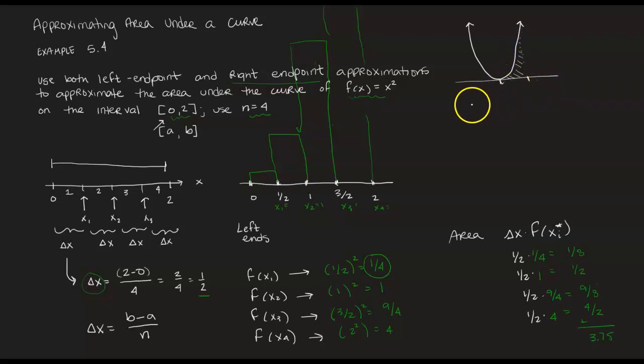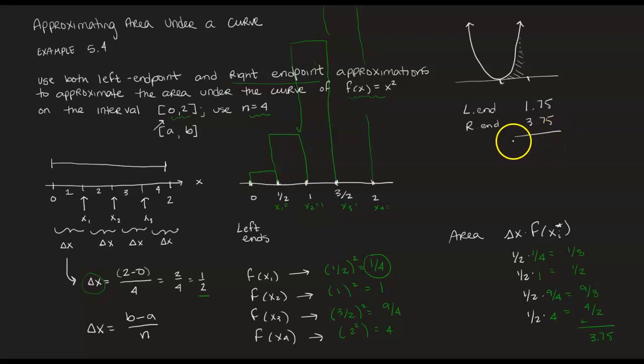And we found two approximations. Using the left endpoint, we found about 1.75. And for the right endpoint, we found about 3.75. So drastically different values. And that's why we call them approximations.